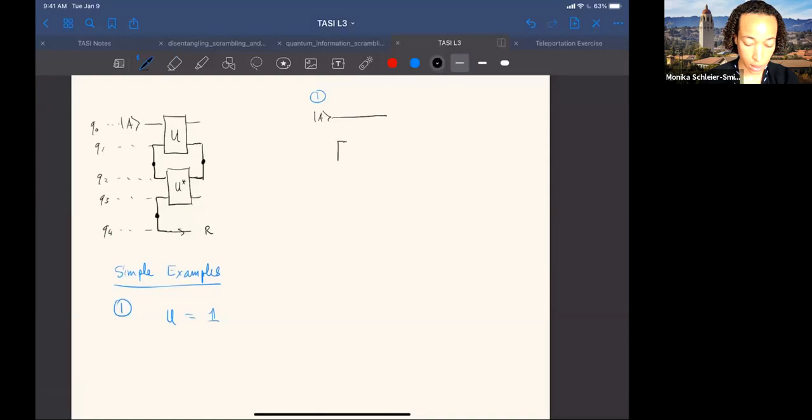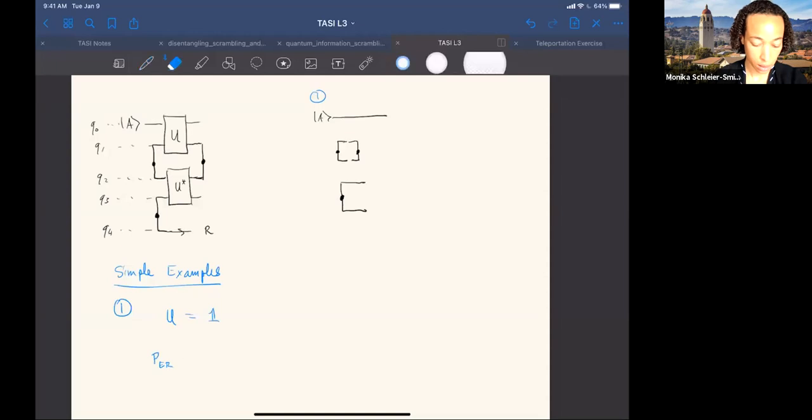I'm going to do this projection of the Bell pair onto itself, because each of these U's does nothing. And I also end up doing nothing to the reference qubit that's entangled with Q3. So 2 things you can ask. This is a trivial example, but one is: what is the probability that Bob successfully projects qubits 2 and 3 onto the same EPR state that we started with?